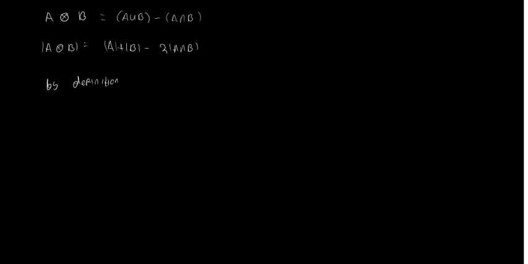We know by definition, x will be a member of A or x will be a member of B, and x will not be a member of A and x will not be a member of B. So this is the definition of a symmetric difference.